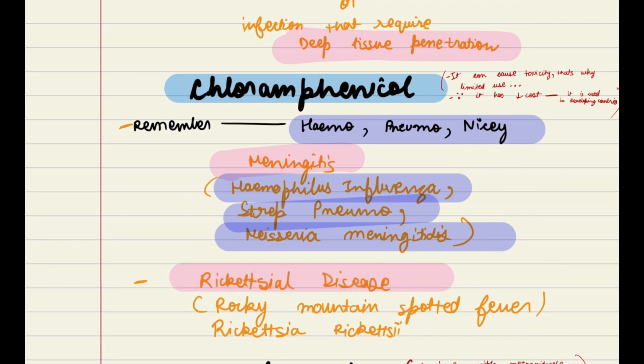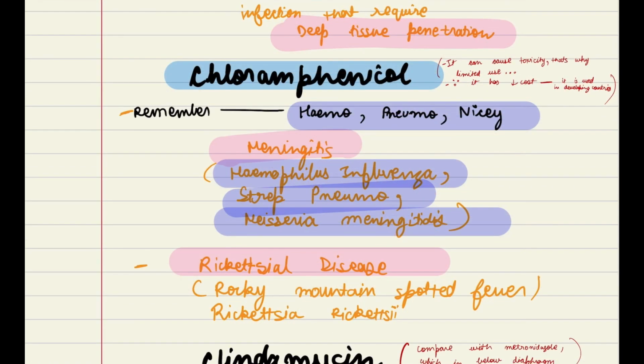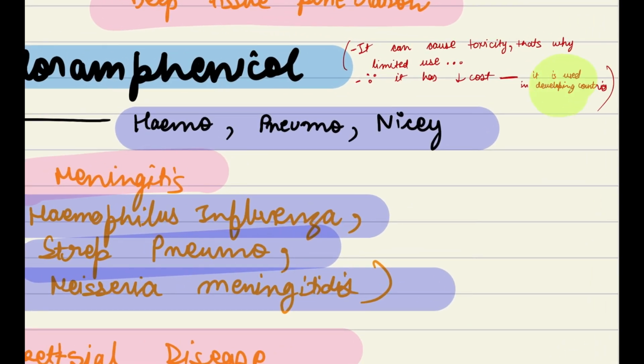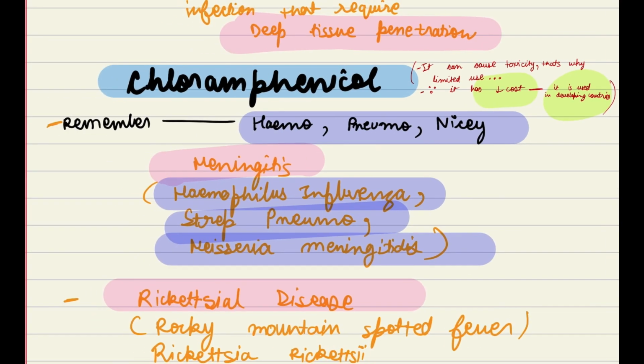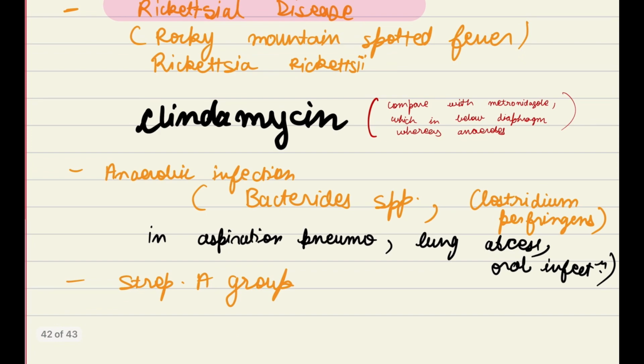It causes Rocky Mountain spotted fever by which microorganism? Rickettsia rickettsii. Chloramphenicol causes toxicity. That's why it has limited use. Now it is mostly used in developing countries. Why? Because it has low cost. Now the other drug is clindamycin.